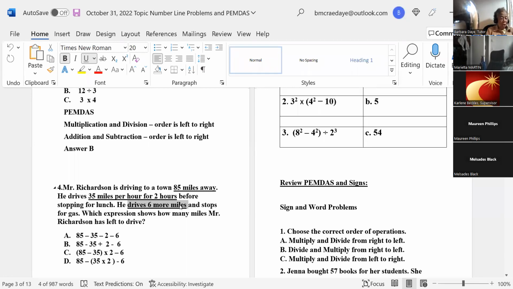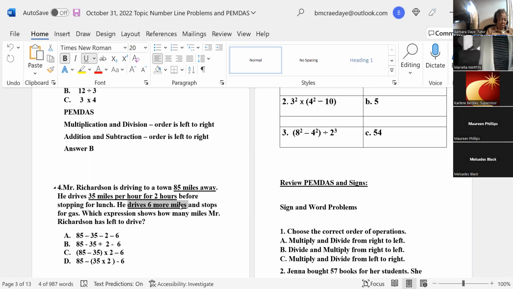So what's the total number of miles he drove, Maureen? Just tell me in terms of the operation. You don't have to give me the total. How do you figure out the total number of miles he drove? I multiplied the 35 by the 2. Right, the 2 hours at 35 miles.